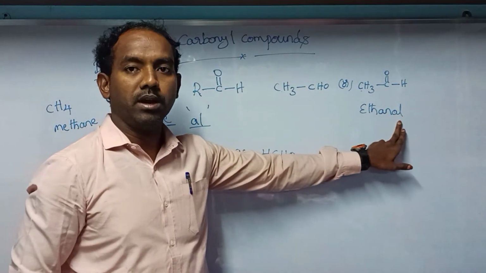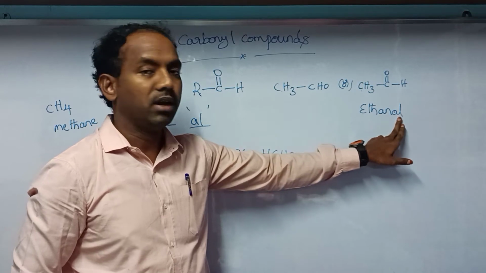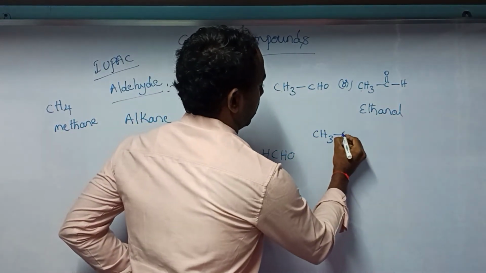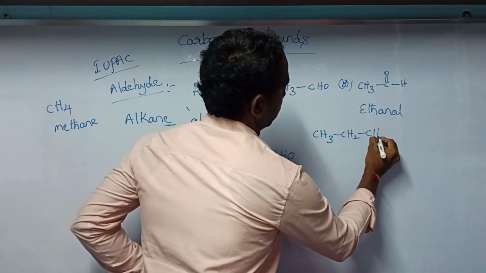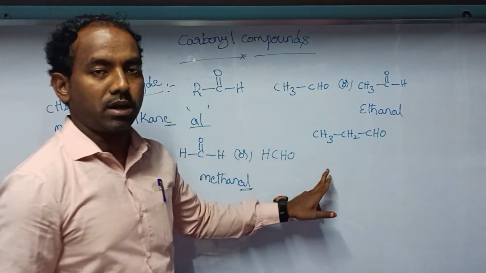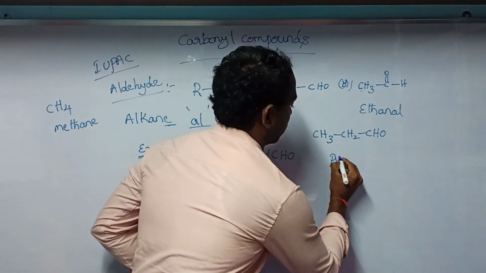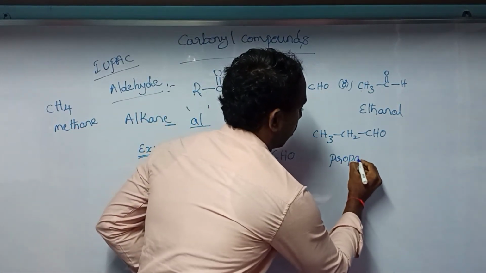The suffix should be Al. Similarly, with 3 carbon atoms, CH3, CH2, CHO, what is the name for this aldehyde? With 3 carbon atoms, the name of this aldehyde is propanal.